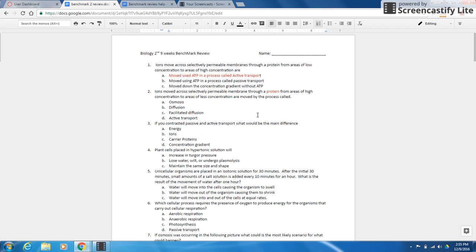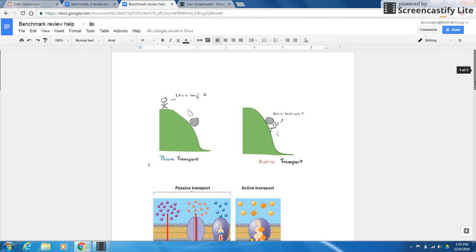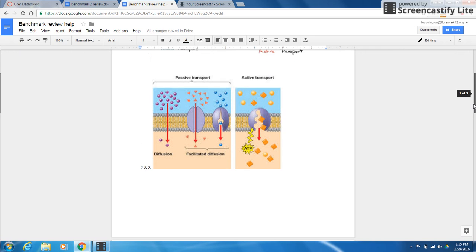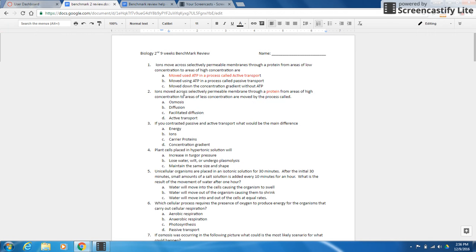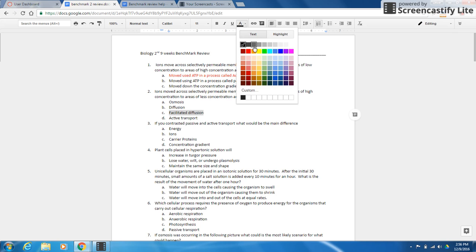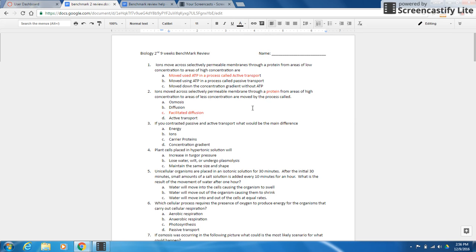If you skip that, you will get this question wrong and you will stick with diffusion, when indeed that's very wrong. The protein part of diffusion is what aids bigger things to go through the membrane. So in this case, facilitated diffusion is going to be the answer. Now, had they left out that word protein, then it would have been simply diffusion.